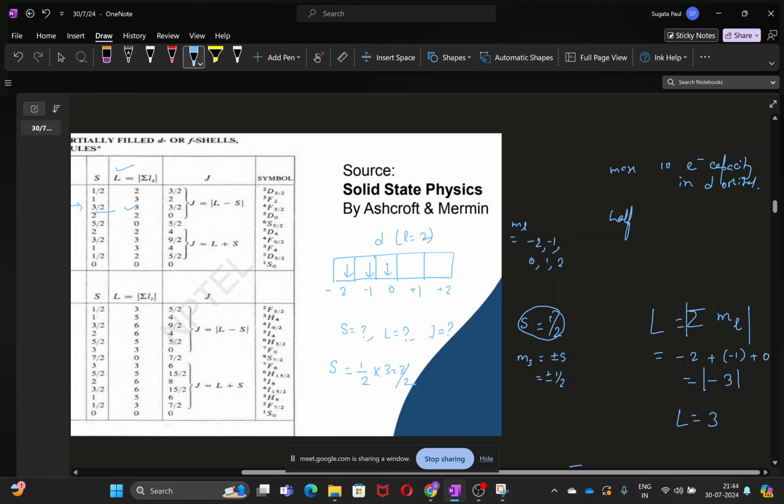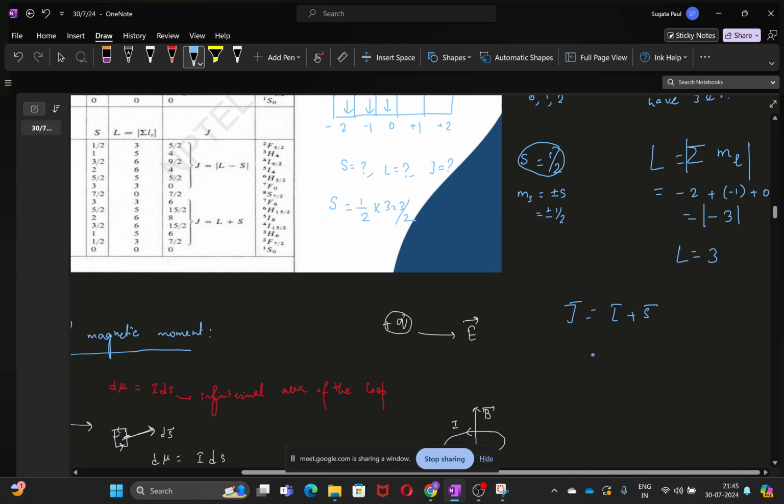So half capacity or half filled means 5 electrons in d orbital. But here we have only 3 electrons. That means it is not half filled, it is less than half filled. So this d orbital is less than half filled because it has 3 electrons.